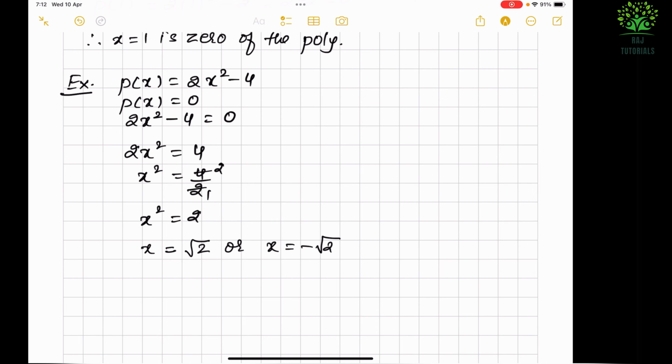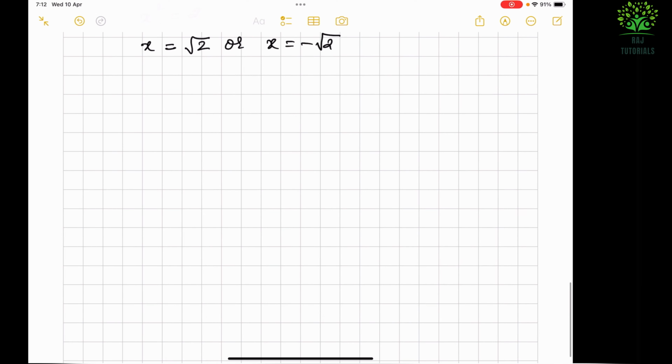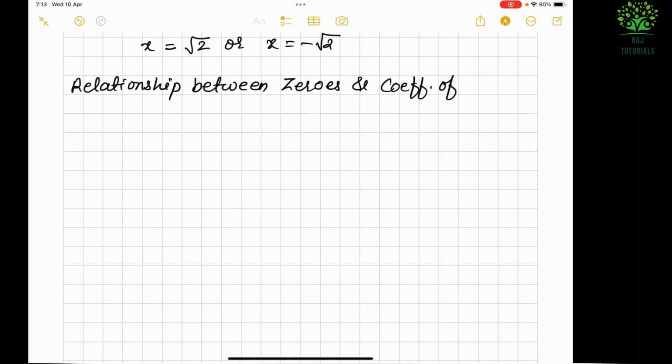Because the square of both will be 2, I will get two possible answers for the same. Now let us discuss the relationship between zeros and coefficients of a quadratic equation.